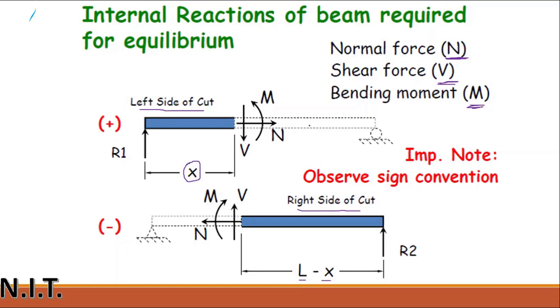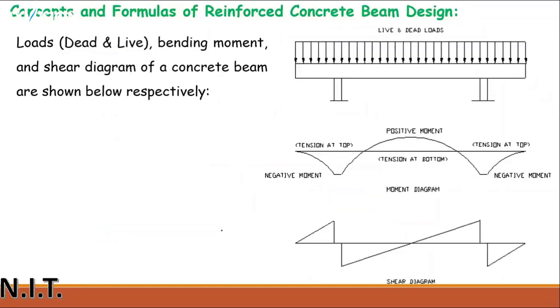The normal force is in the right direction, but here it will be in the left direction. The moment is anti-clockwise on the left, but here the moment will be clockwise. So when we consider forces in one direction on one side of the beam, for the other side we use the opposite direction of the forces.